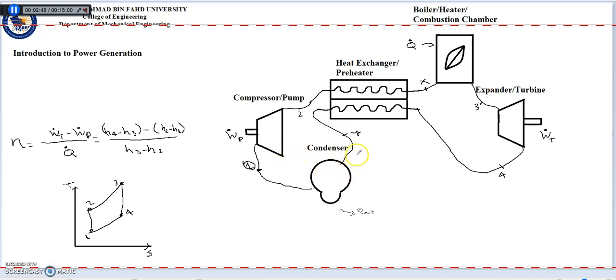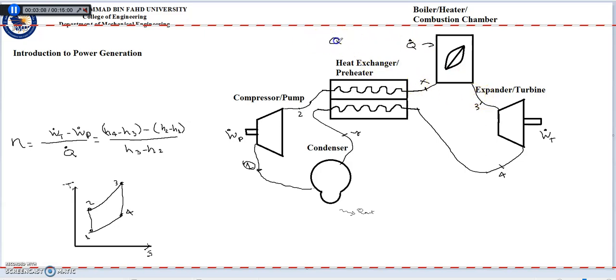So now the energy we need to offer on the combustion chamber is only H3 minus Hx.